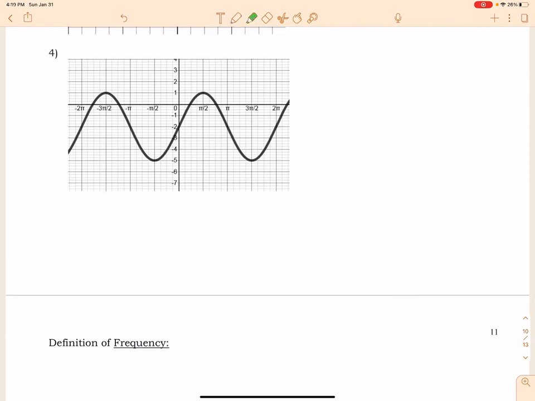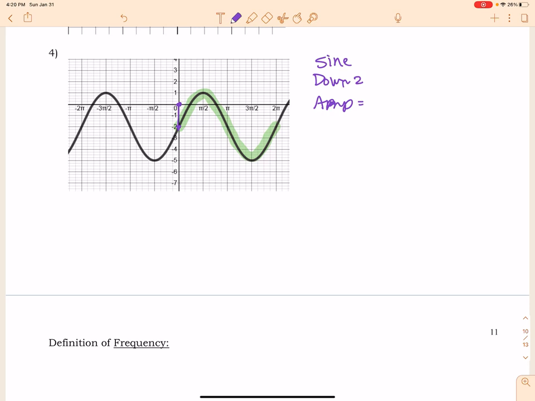For this one, let's say that, you know what, I'm going to use the sine graph. That's what I see. I see the sine function, okay? So I'm going to use sine, and it looks like it has moved from the origin down to negative 2, so down 2. And the amplitude, if I could spell amplitude, I have trouble with that word for some reason.